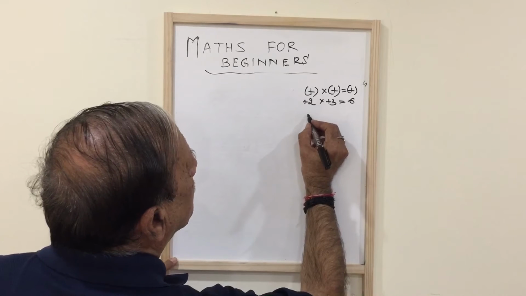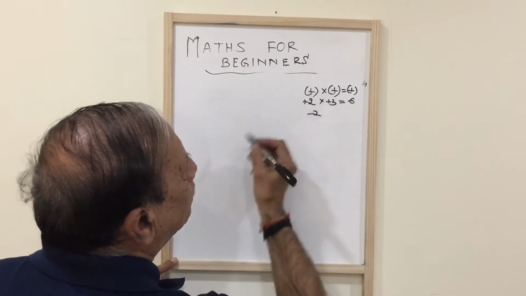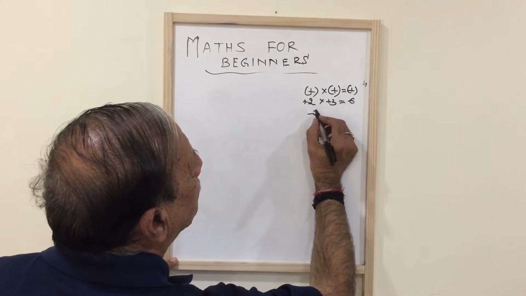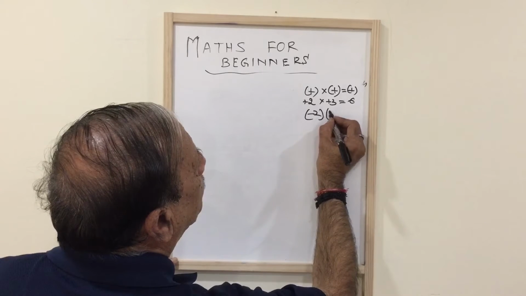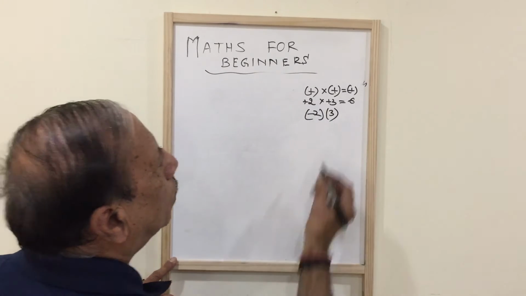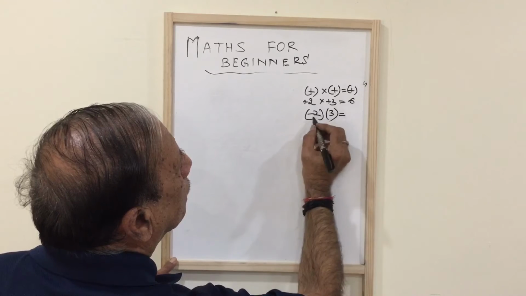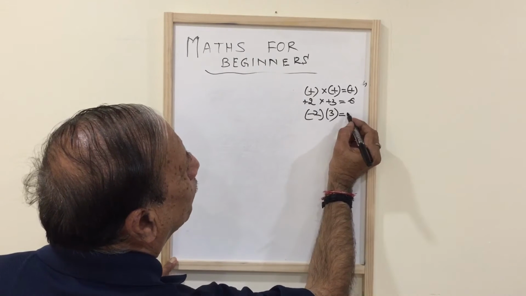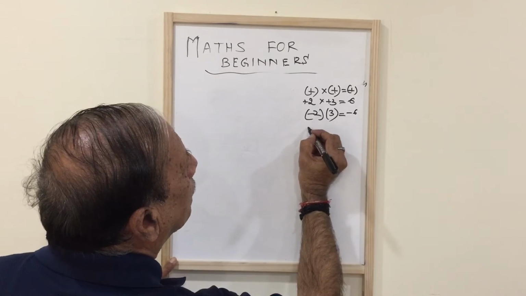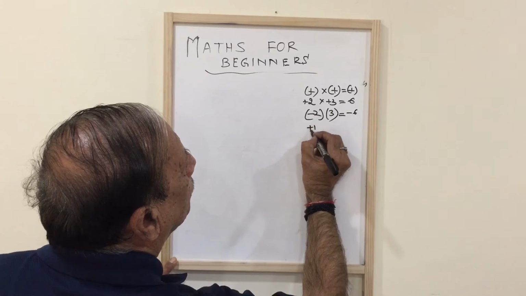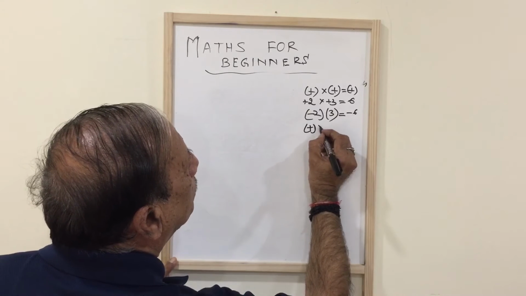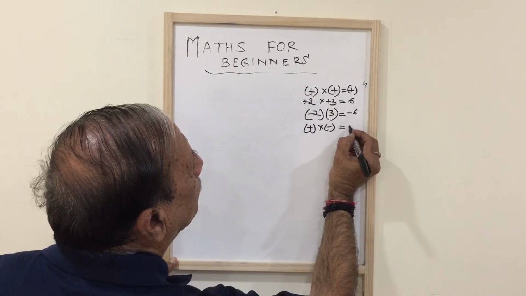Suppose one term is minus 2 and another term is plus 3. In that case, if you multiply, the minus sign will come, that is minus 6. It means plus multiplied by minus is always minus.